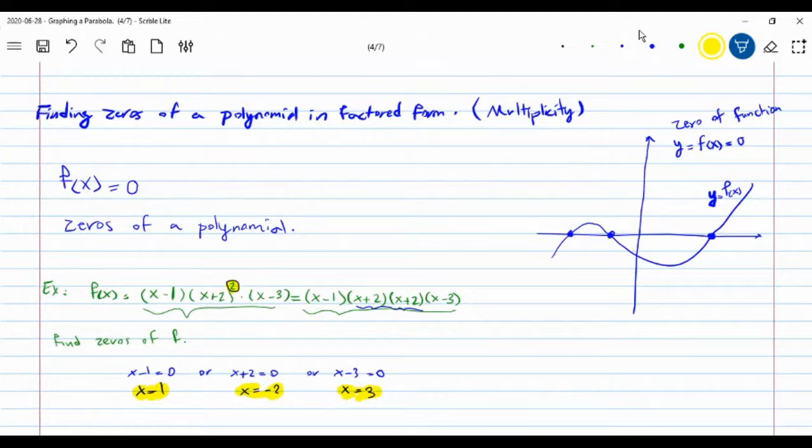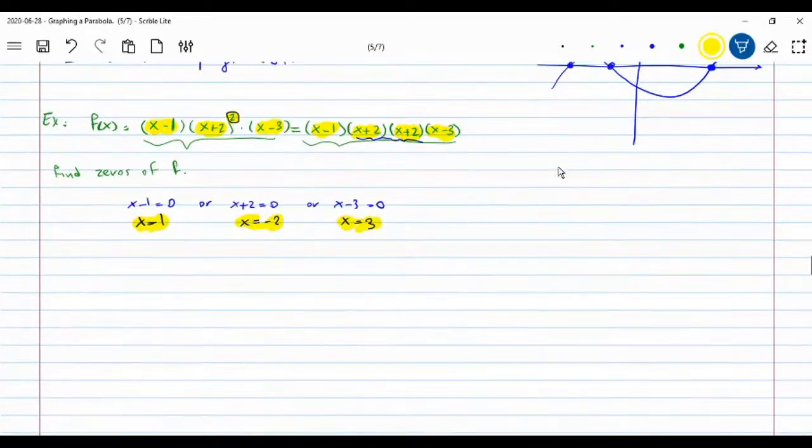If you replace x with 1, this parentheses would be 0. If you replace -2, this parentheses would be 0. If you replace 3, the other one. The same here: 1 makes this 0, and -2 makes both of these 0. So it's not necessary to consider both; just pick one of them. And the other one is x minus 3 equal to 0, which means x must be 3.